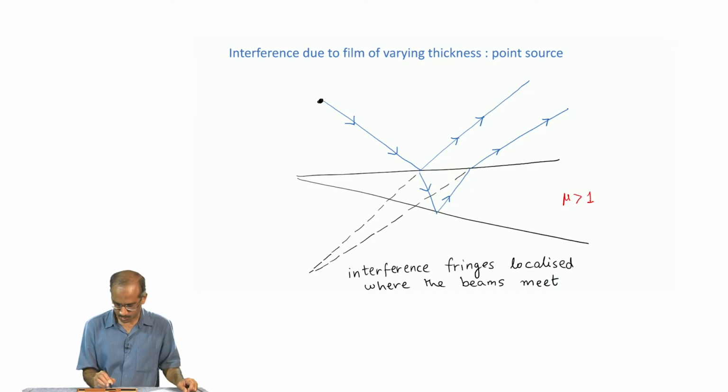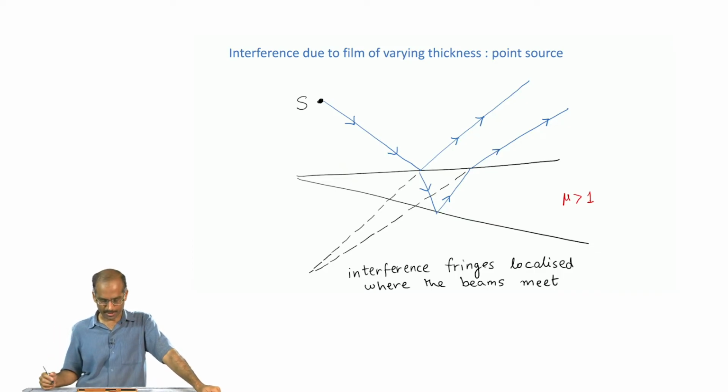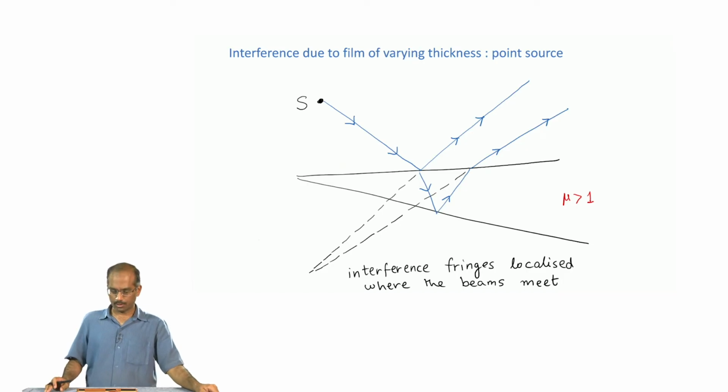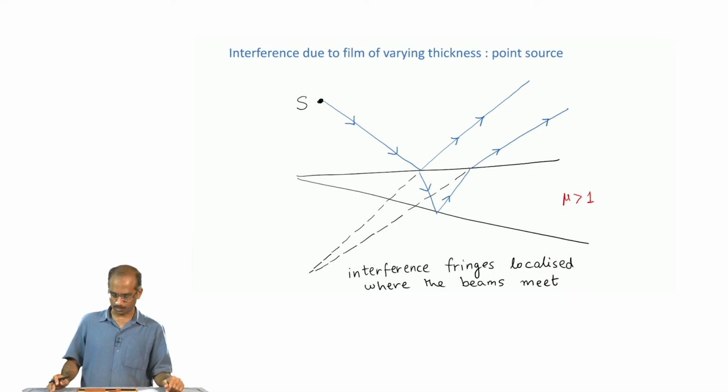So, here is your source of light S, and you have a beam which comes and hits the top surface of this glass slab, which has the shape of a wedge, and the glass slab as usual has refractive index mu assumed to have a value greater than 1. At this point, when it hits the top surface, there are going to be two components, one which is reflected and the other which gets transmitted inside and gets reflected from the lower part of the glass slab, and that would form the two beams that would come out.